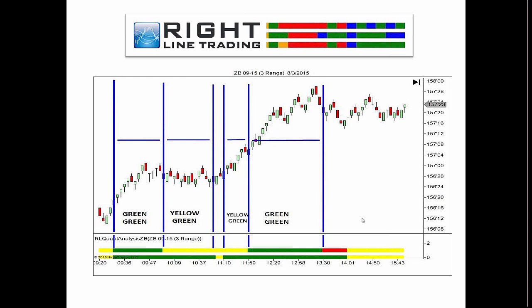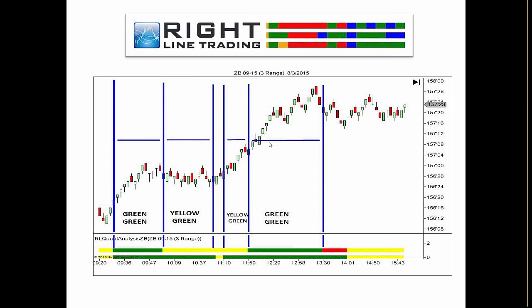It's tracking the movement of money out of the inverse correlative markets into bonds and its correlative markets. Now, so when the lines are green, it's telling you the institutions are making an asset class rotation into bonds and the markets that correlate with bonds.